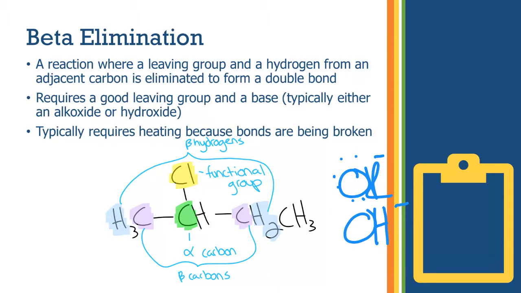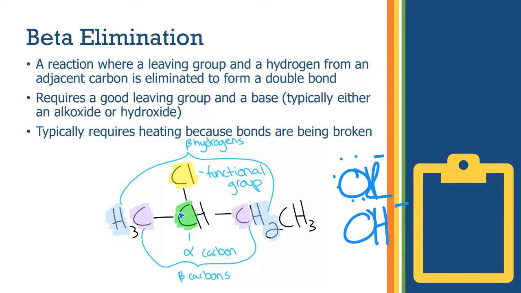So down here I have a diagram to show this, but here, let me get the pointer. So right here I have the alpha carbon. The alpha carbon is the carbon that's directly connected to the functional group, in this case the chloro group. Your alpha carbon is highlighted in green.